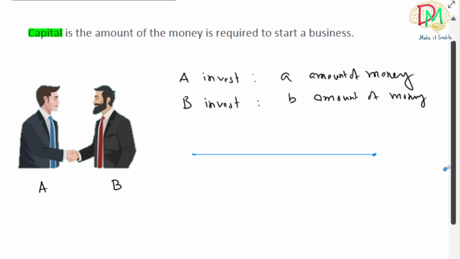This distribution of the profit is based on their investment.